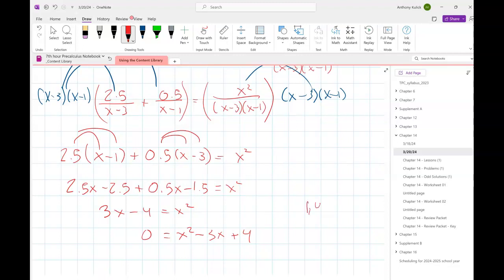Well, what are the things that multiply to give me positive 4? There's only 4 choices, right? That adds to 5, that adds to negative 5, that adds to 4, that adds to negative 4.